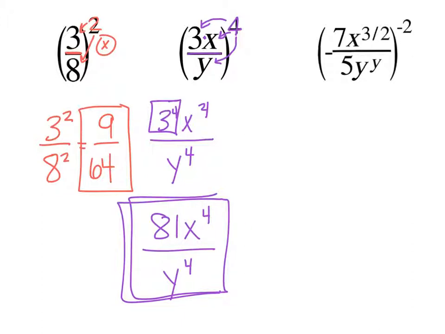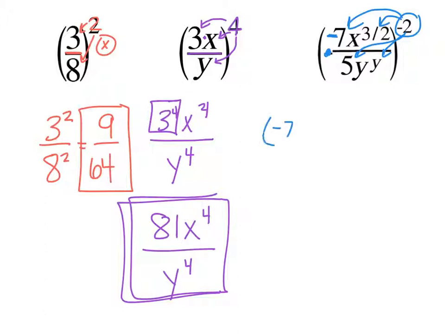So we have a negative. The negative is going to hang out. I'm actually going to give the negative to my 7 so that it's associated with something. This negative 2 exponent has to go to every single term in here, and we're going to be multiplying exponents.